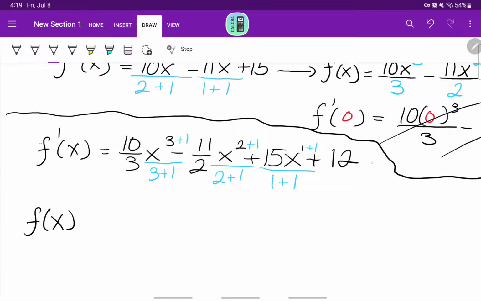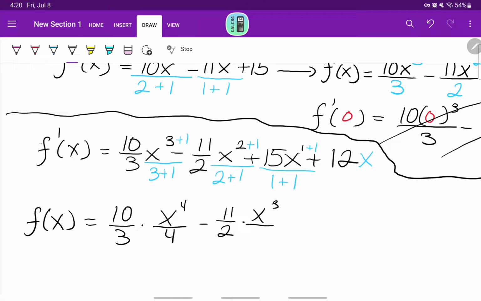Multiply the constant with a variable to the first power. So, that's going to equal 10 over 3 times x to the 4th over 4, minus 11 over 2 times x to the 3rd over 3, plus 15 x squared over 2, plus 12x. And now we must plus d.